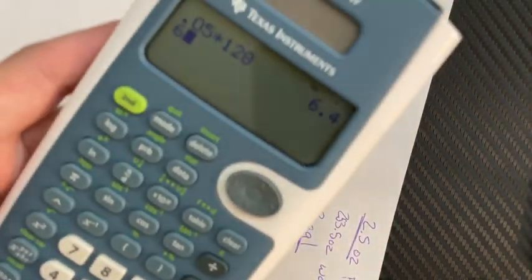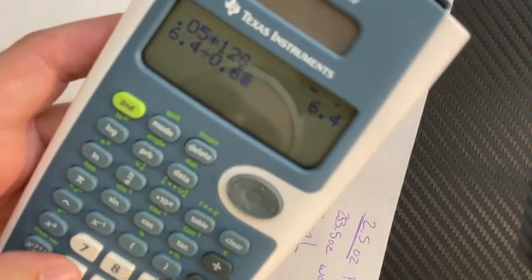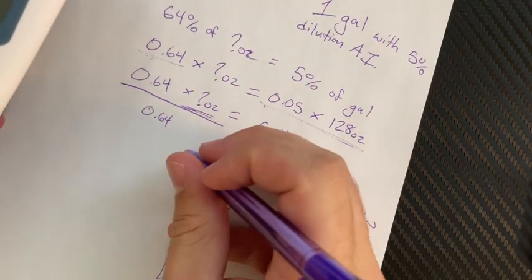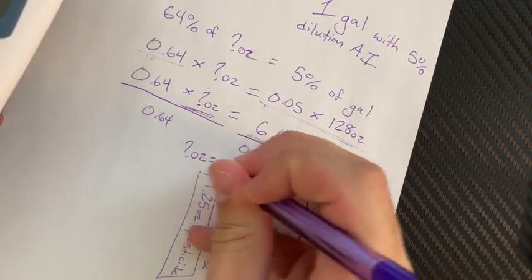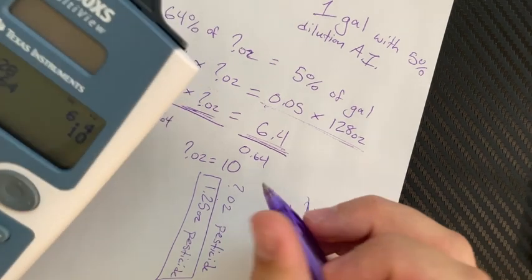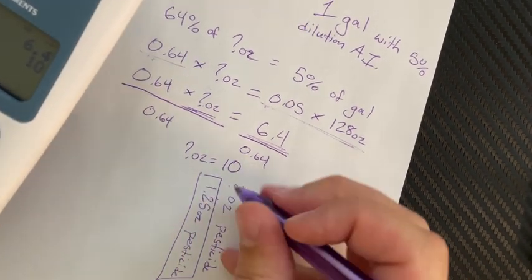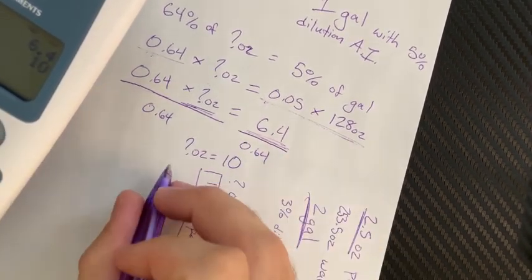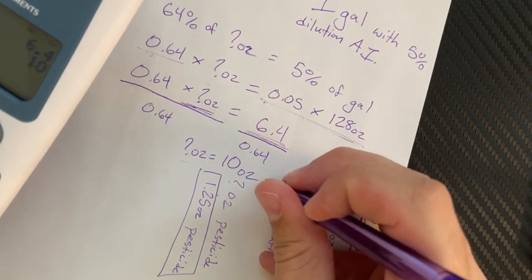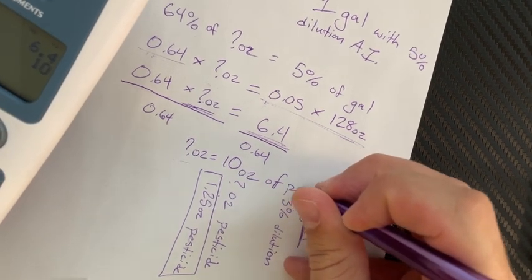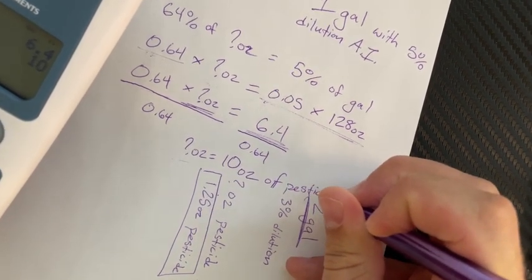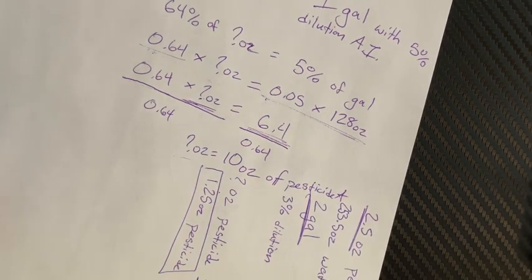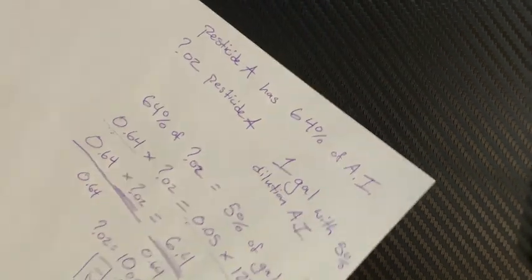So 6.4 divided by 0.64 equals 10. So we need to add 10 ounces of pesticide A. So how many ounces? 10 ounces of pesticide A. And that's your answer. Okay, let's try it one more time.